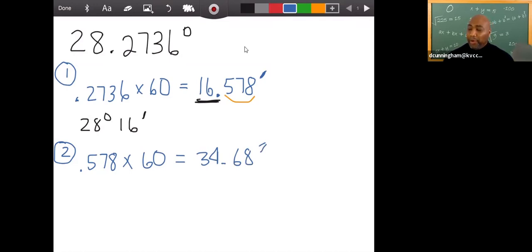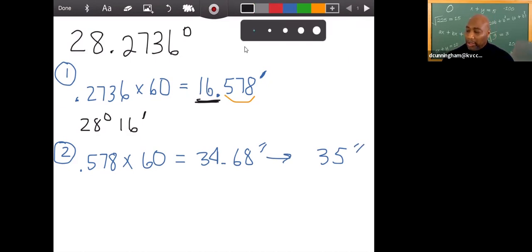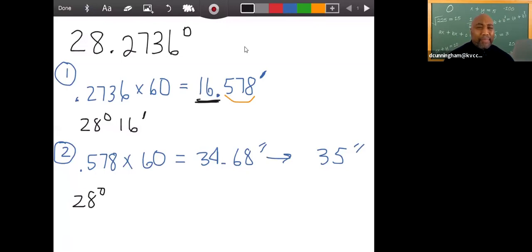Now, there's 34.68 seconds. So let's round that. Since we're done with our seconds, we'll round this to 35 seconds. We don't have to worry about the 0.68. We're not going to need lower than seconds. So when we write the final answer, it's going to be 28 degrees, which we have on the top.